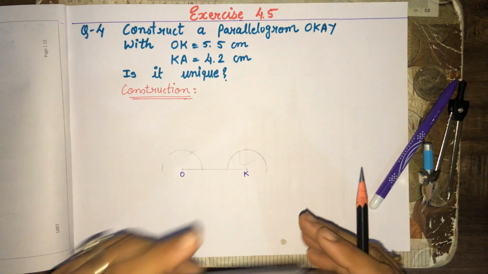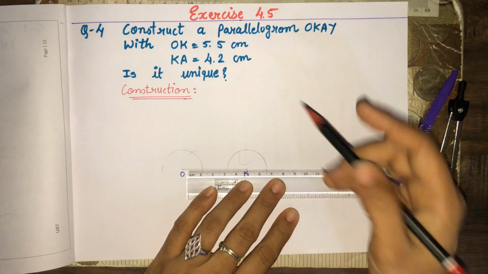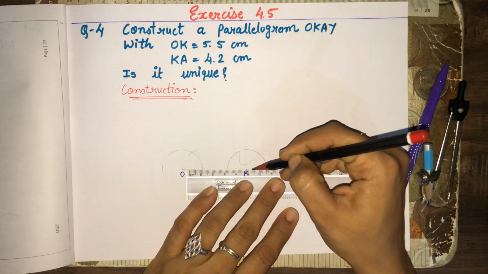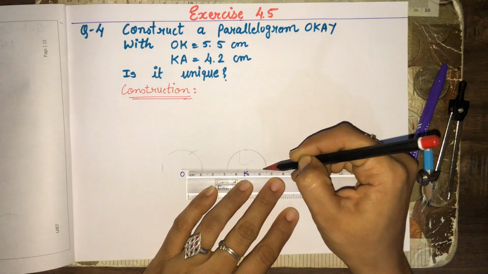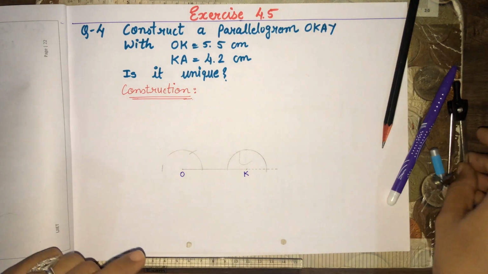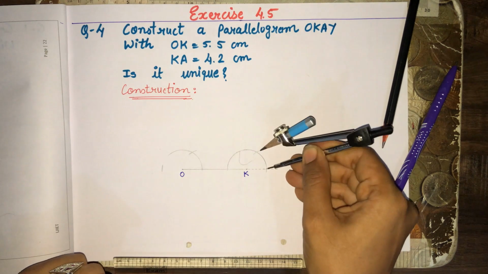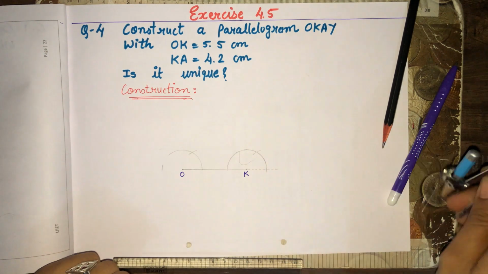So over here I'll just extend this line with a dotted one, so that I'll get the point of intersection over here. And now using the same radius, I'll draw an arc.